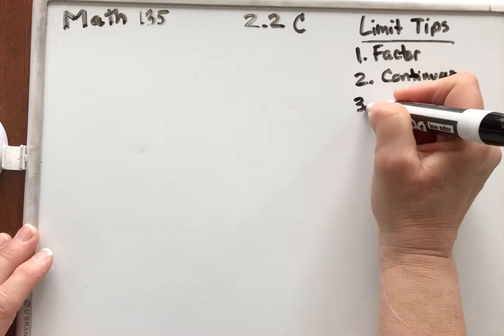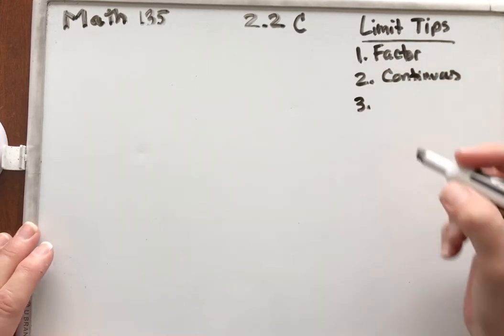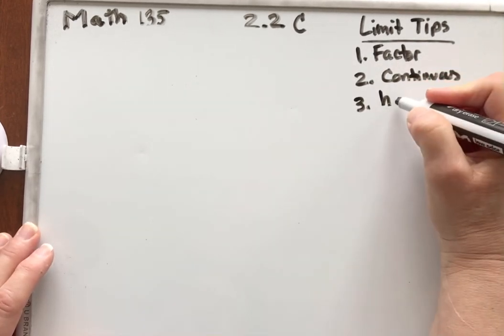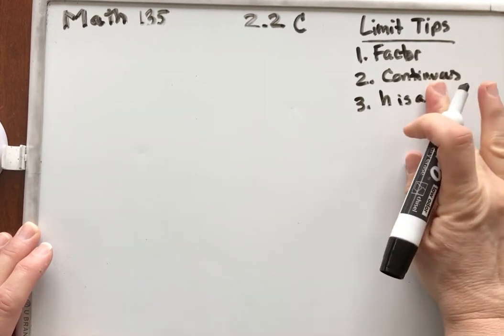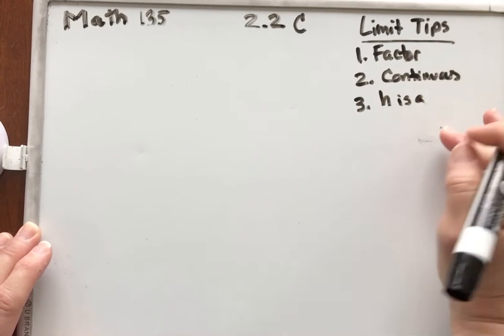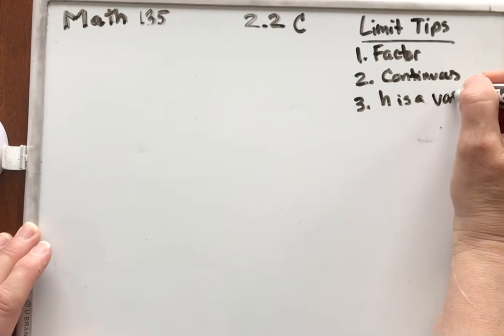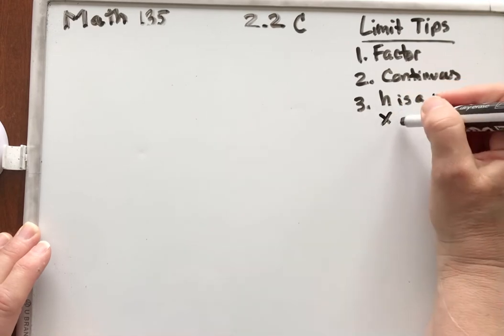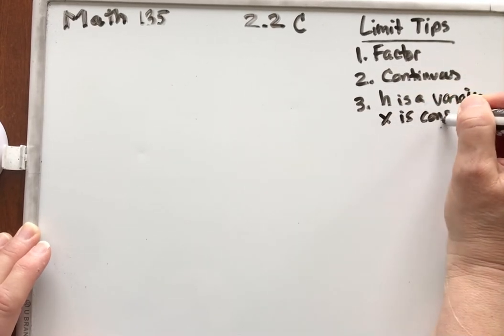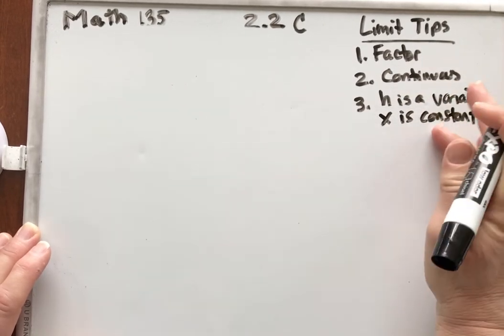Okay. Then if you have two letters, let's say h is a variable, in which case x is a constant. So we treat it like it's just a number, a constant.